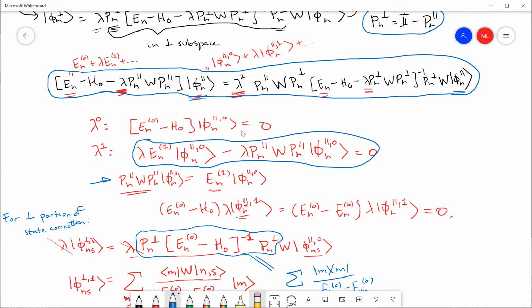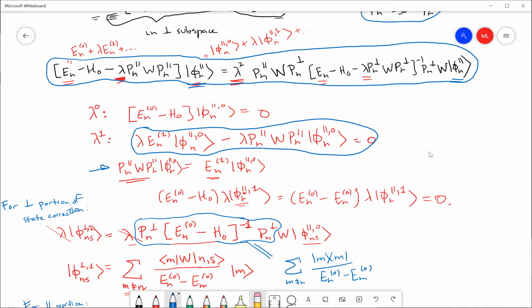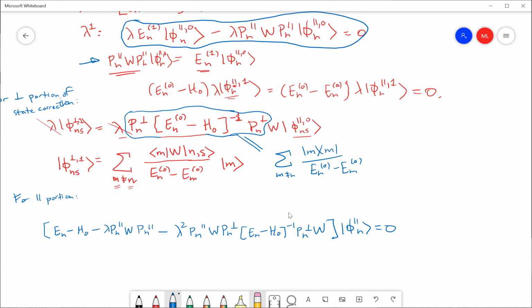So to order lambda squared, this equation, if I rewrite it, only this part will matter. We don't want to put any lambdas in here because that's just going to give us a lambda cubed term. So I can put up to order lambda squared. That's what our equation looks like.